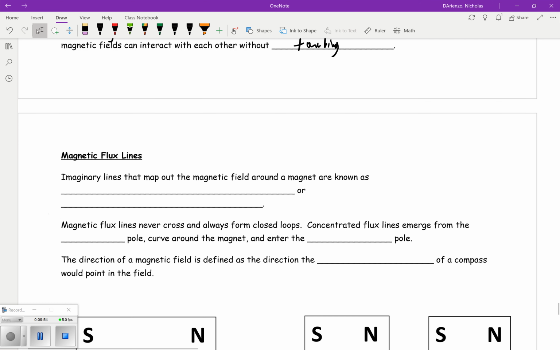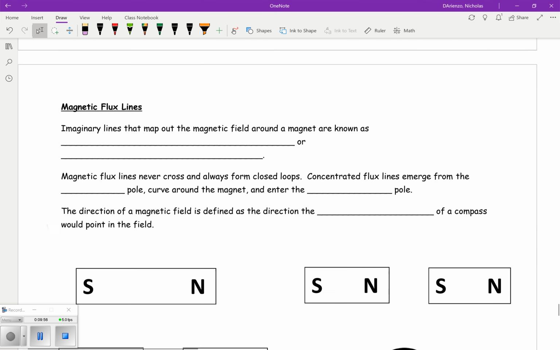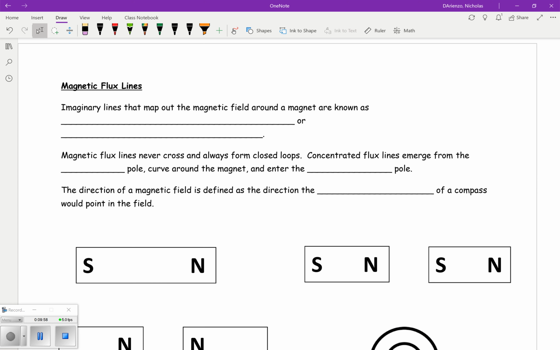The magnetic flux lines are just imaginary lines that map out the magnetic field around a magnet. We call those magnetic field lines, kind of the same thing. You can also call them magnetic flux lines.